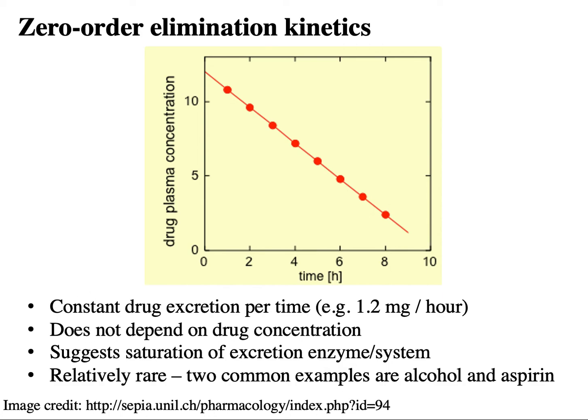The constant change is relatively rare, but it's kind of ironic because two common examples are alcohol and aspirin, which are probably much more common drugs. It's kind of unfortunate that their decay in plasma concentration over time is zero order, but that's not how most drugs work.